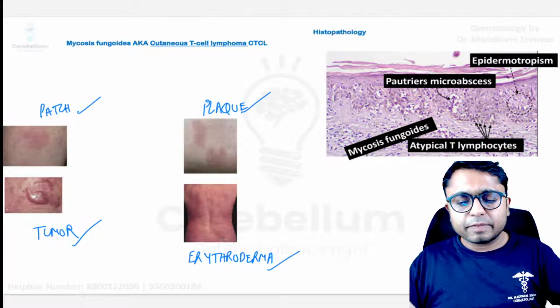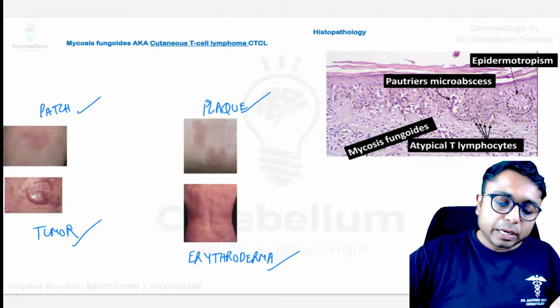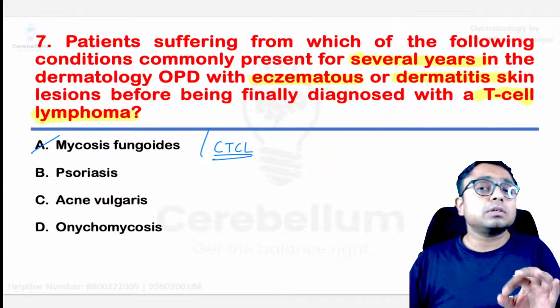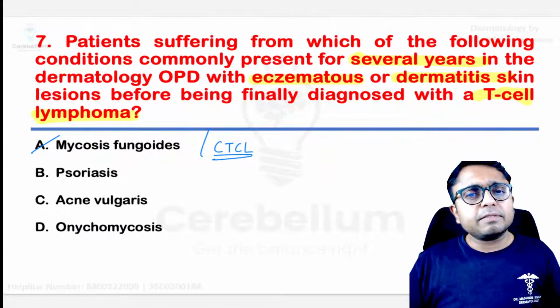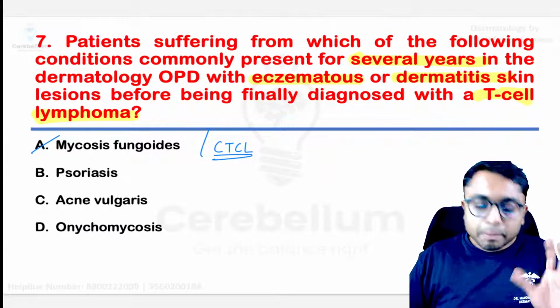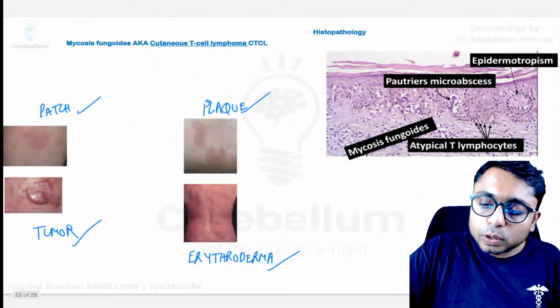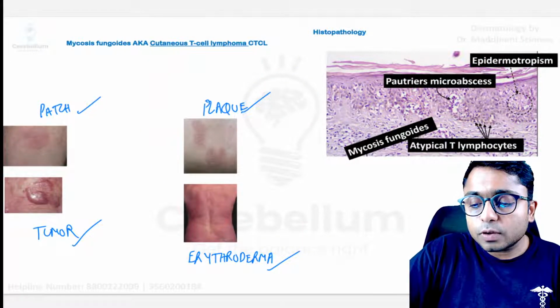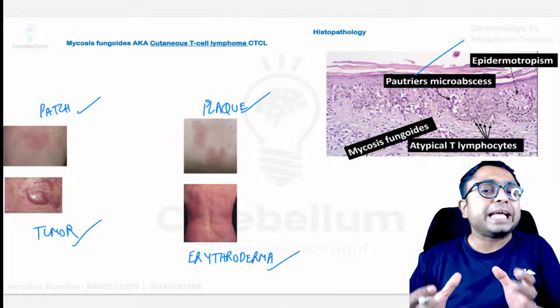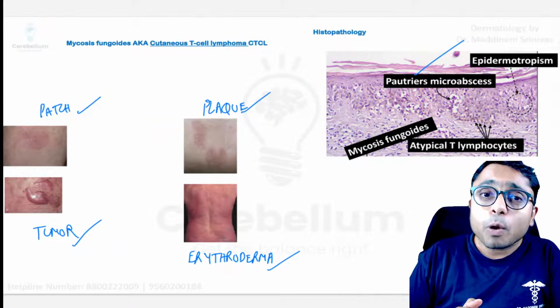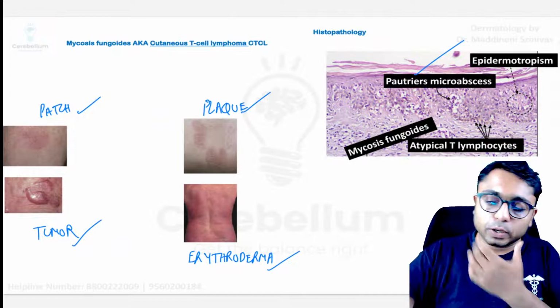So that is the reason why when any elderly individual presents with dermatitis-like skin changes, always try to do multiple biopsies if needed and try to rule out mycosis fungoides. Okay. And one more point, I hope all of you know, in the histopathology of mycosis fungoides, we have this collection of atypical T lymphocytes in the stratum spinosum, which are called Pautrier's microabscess.